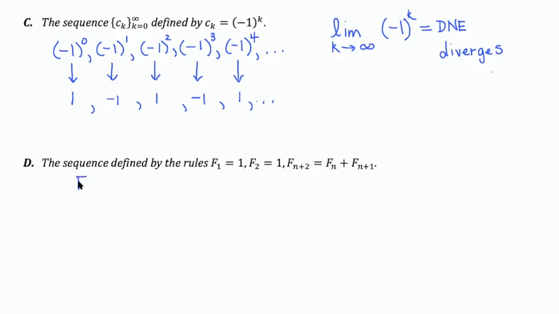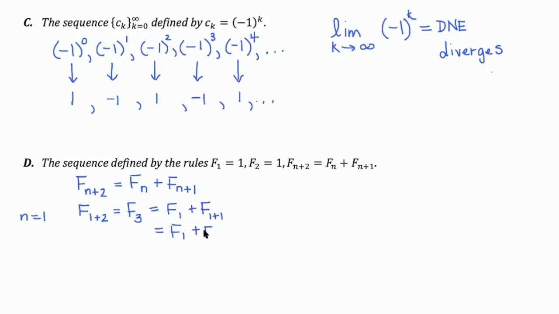So in other words, if I want f of n plus 2, I'm supposed to take the two previous values in the sequence. So I'm going to begin at n equals 1. When n equals 1, I can calculate f of 1 plus 2, or in other words, f of 3, by calculating f sub 1 plus f sub 1 plus 1, or f sub 1 plus f sub 2.